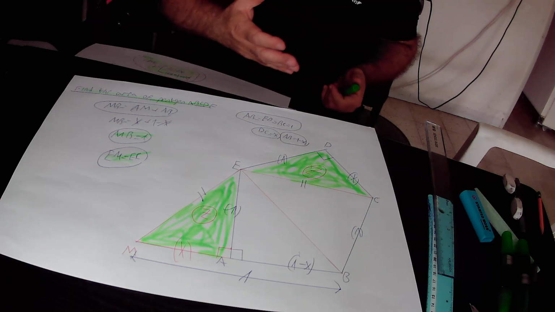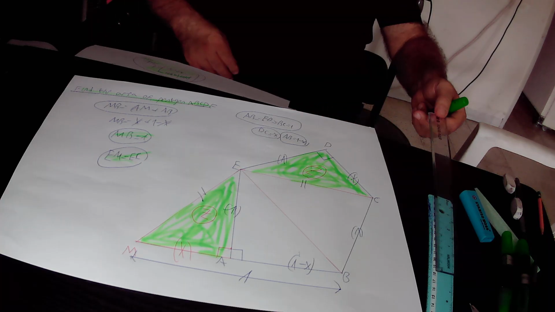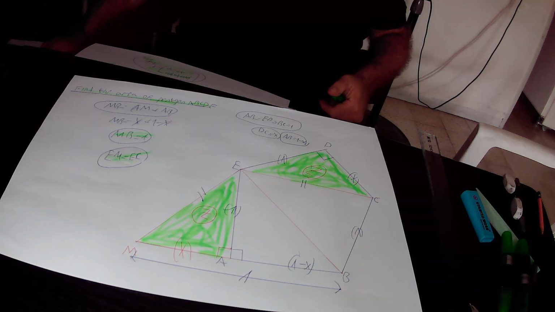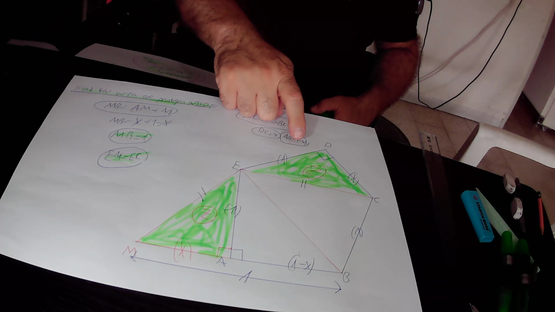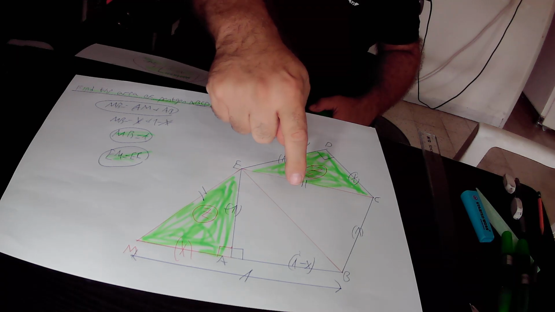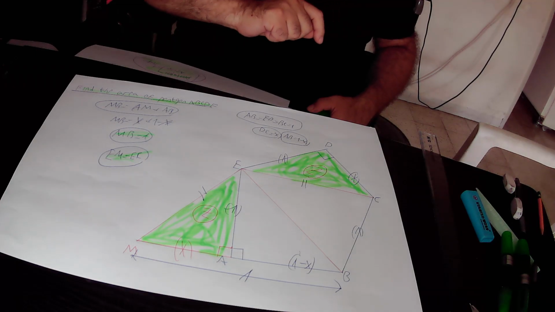Actually, the area of pentagon ABCDE must be equal to the sum of the areas of the two shapes that it consists of. That is to say, it must be equal to the area of this triangle plus the area of this quadrangle ABCE.